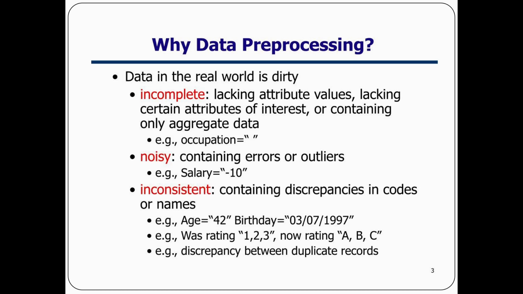This is a much important step, and it takes almost more than 50% of the time in any project to perform some basic data pre-processing tasks. Data pre-processing is required because many times data is not neat and tidy, it's incomplete, noisy, and inconsistent. Such data needs to be pre-processed.